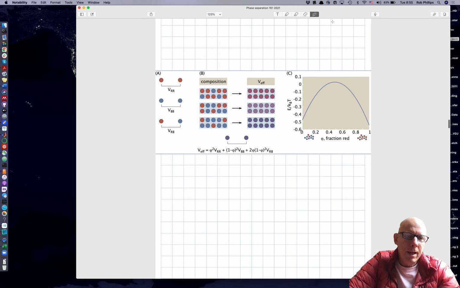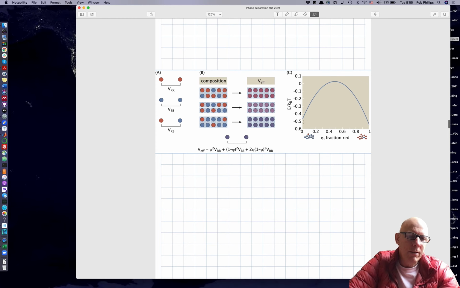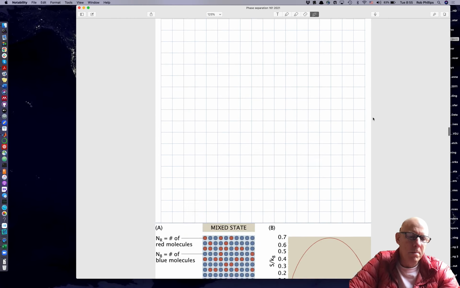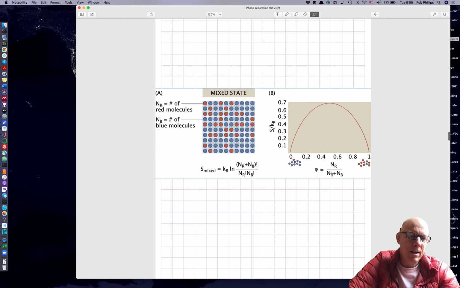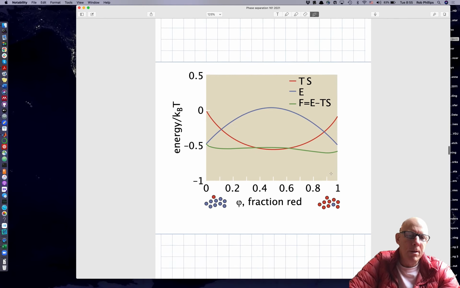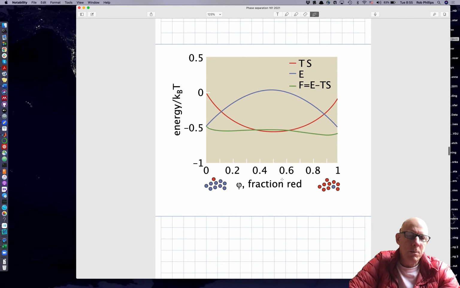And the thing I want you to see is that the energy as a function of phi adopts this form, the entropy as a function of phi adopts this form, and when we assemble these pieces, we actually will get a total free energy, which is given in green. So remember, the entropy is Ts, but free energy requires us to subtract.